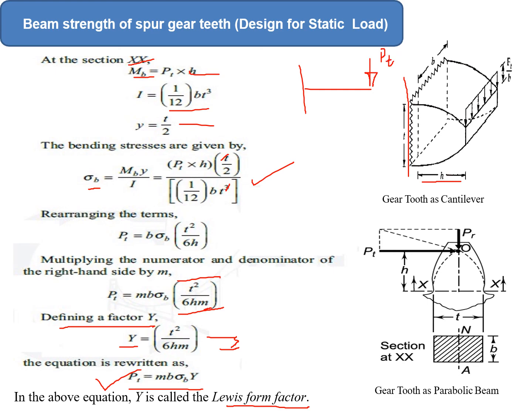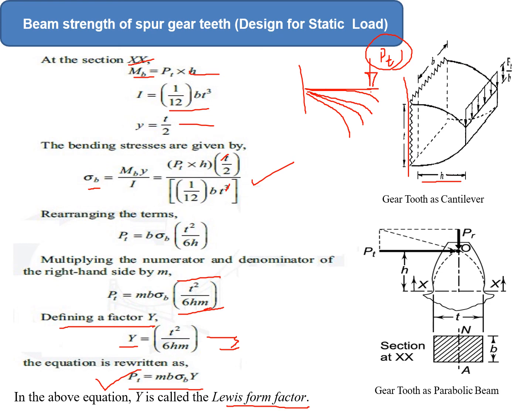no doubt this tangential load will generate some amount of bending over here. But as you are increasing the amount of Pt, what will happen? There will be an increase in bending, and at a certain point the beam will fail. There will be failure due to this tangential load. Now what is the beam strength? The beam strength is the maximum tangential load the beam can sustain, or the maximum tangential load the gear tooth can sustain without bending failure.